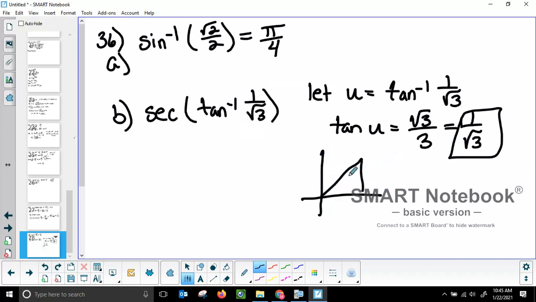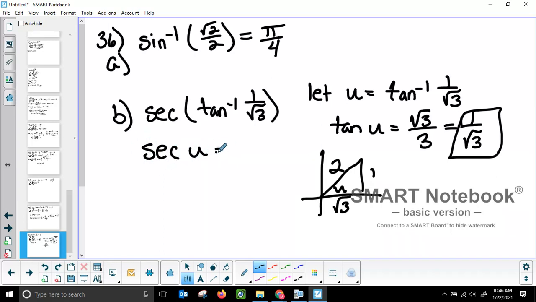All right, tangent is opposite over adjacent. And then a squared plus b squared equals c squared. So 1 plus 3 equals c squared. So this is going to be 2. So now basically we're looking for what is the secant of u.